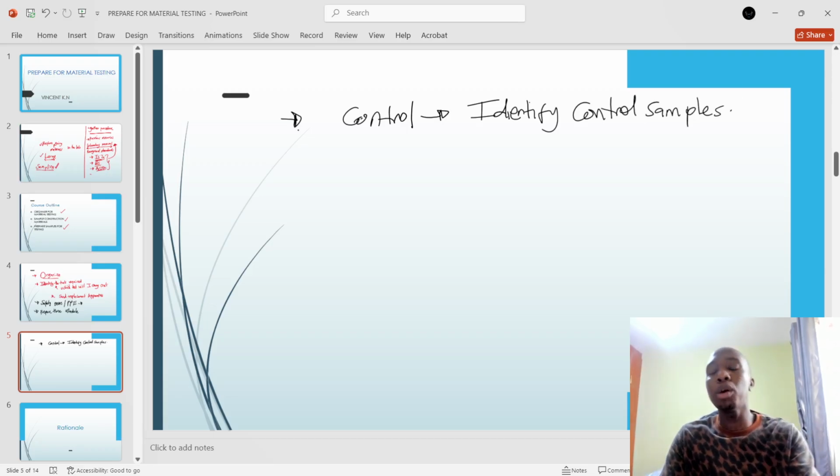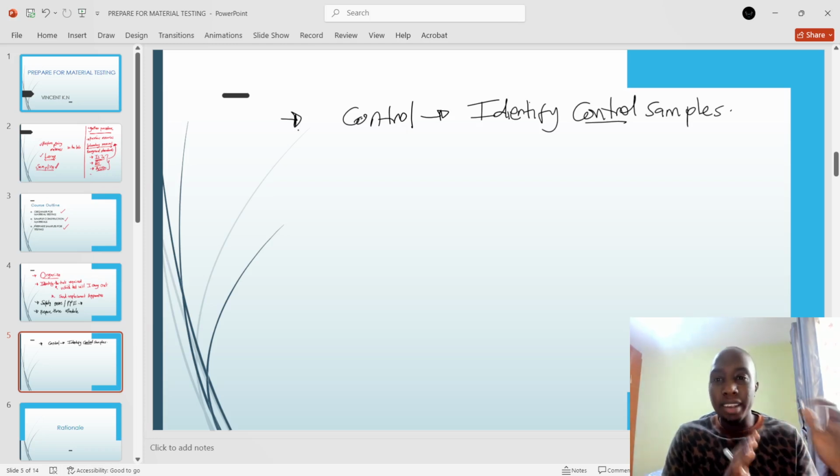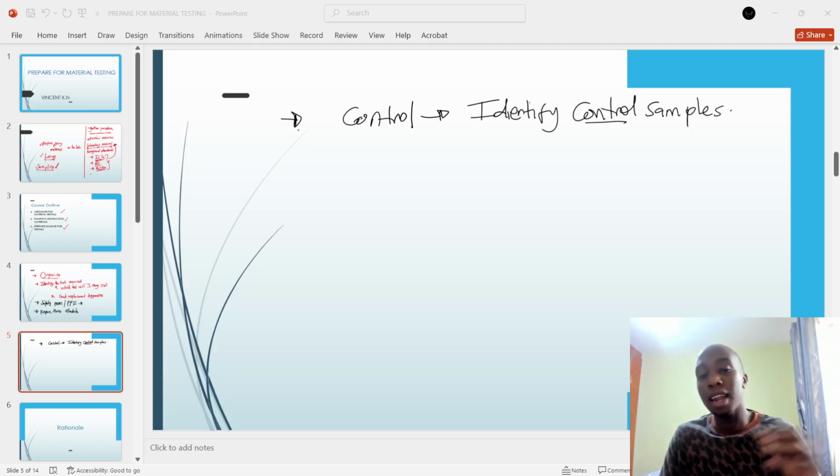And how will you go about control? The control is not manipulated; we are just using it as it is. If for instance I want to do a test or research on the effect of admixtures on the strength of concrete, then I will have one sample that has admixtures and another sample that does not.